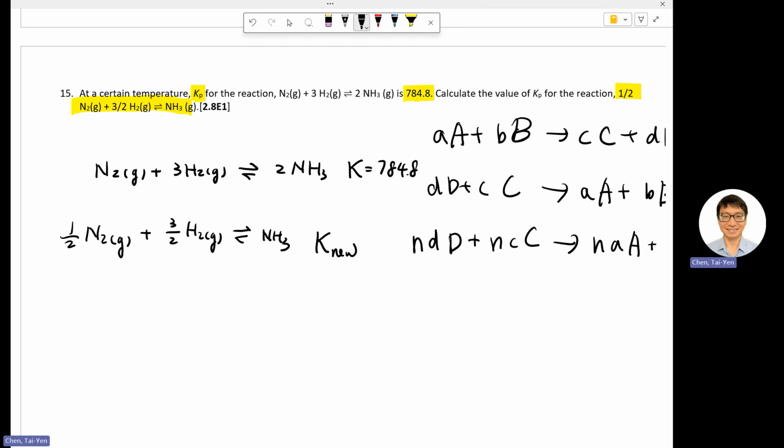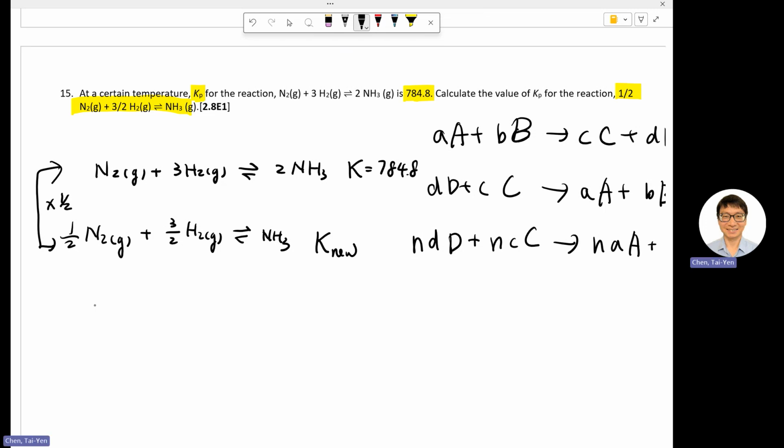You want to recalculate the equilibrium constant for this specific target equation. So you want to compare these two. What is the difference between the two? The second equation is the same as the first one, except it is multiplied by a coefficient of 1/2. So what you really do is multiply by 1/2 here.